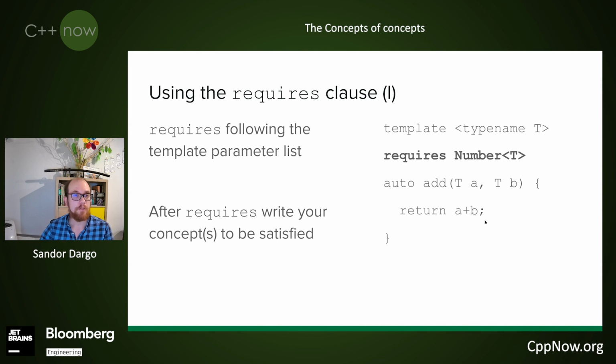So the first way of using concepts with functions is the so-called requires clause. You can see that after the template parameter list and before the return type, we write the keyword requires and a concept to be satisfied, or all the different constraints that we might have.